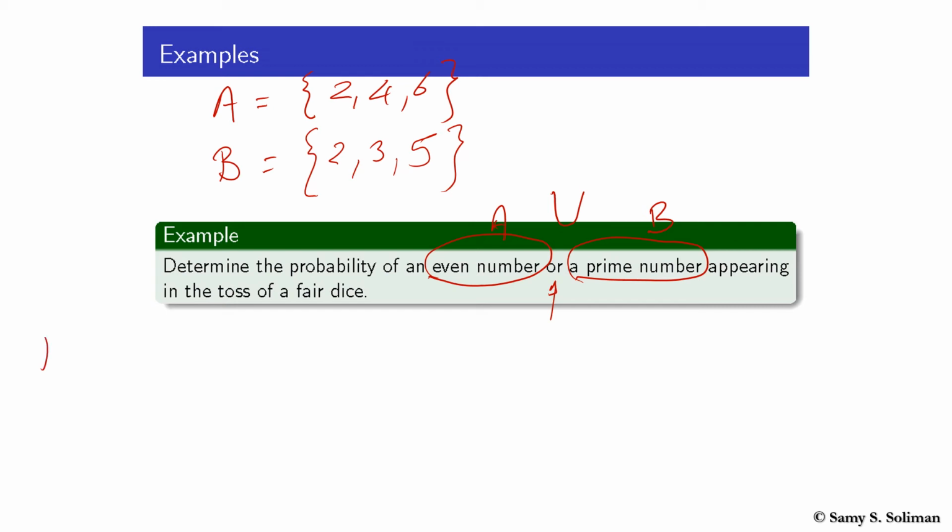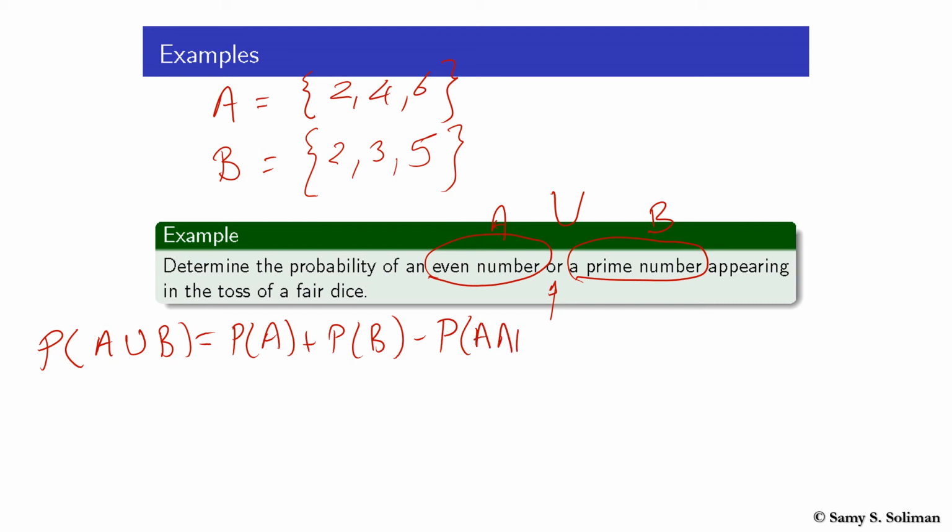The first is to apply the rules that we derived from the axioms of probability. That's probability of A union B equals probability of A plus probability of B minus probability of the intersection.